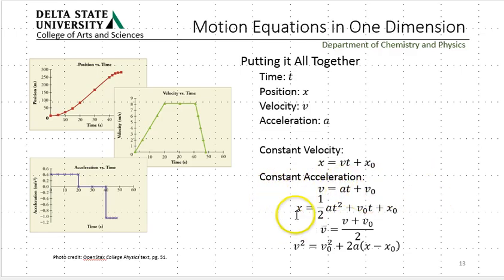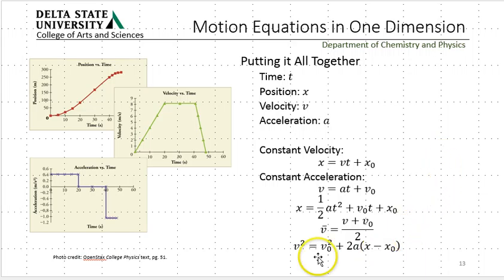Under constant acceleration, your position at any time is 1/2 the acceleration times time squared plus your initial velocity times time plus x naught. So let's think about what if acceleration goes to 0? Well, then v is v naught, you're at constant velocity. If acceleration goes to 0 here, then x is v naught t plus x naught, and you're back up to the constant velocity equation, right up here.